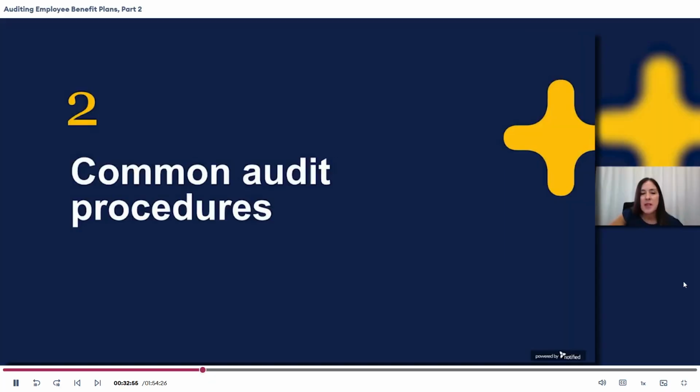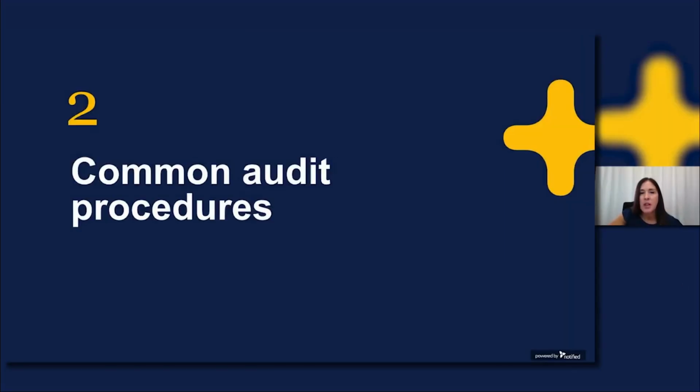So now we're going to spend some time talking about the common audit procedures and the specific procedures for those common employee benefit plan audit areas. And these are some of the areas that are unique to employee benefit plan audits.